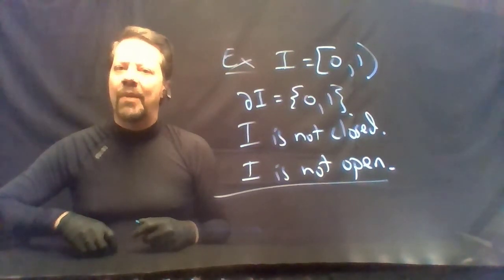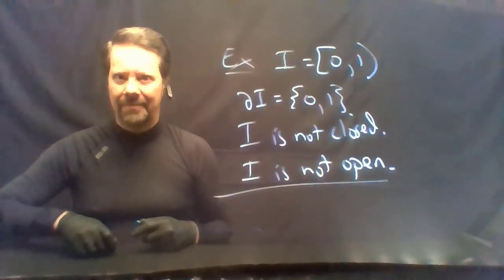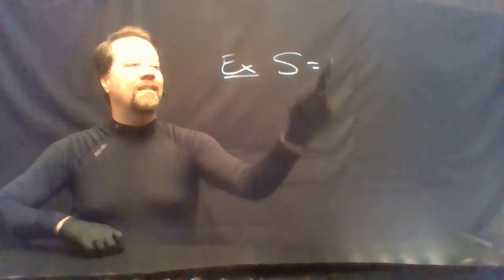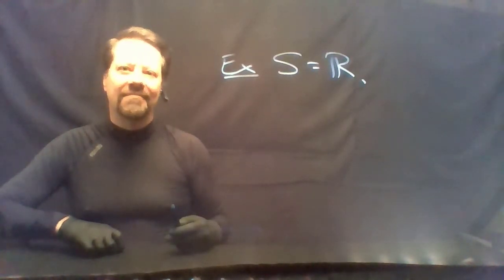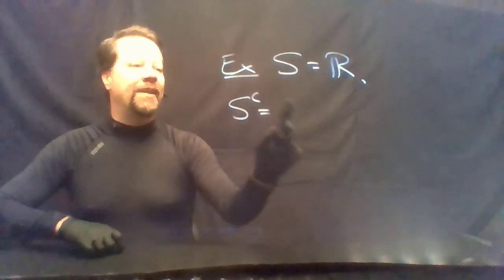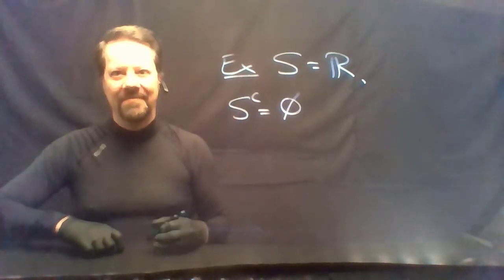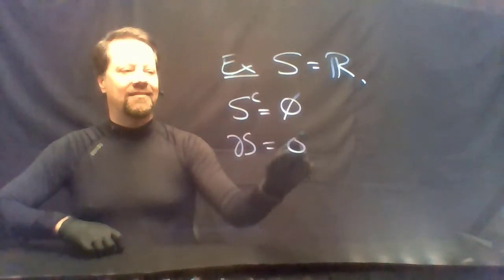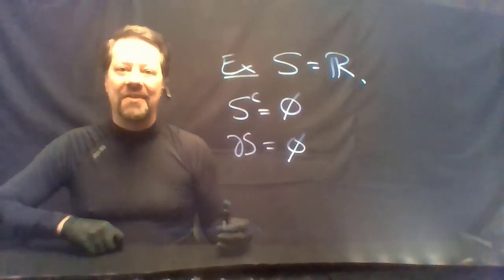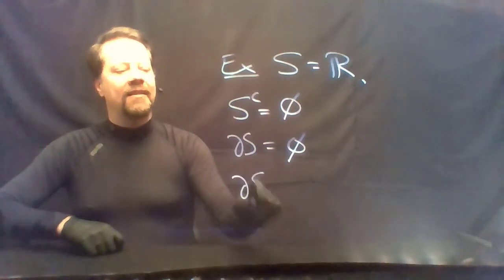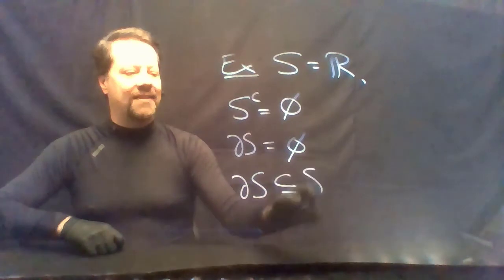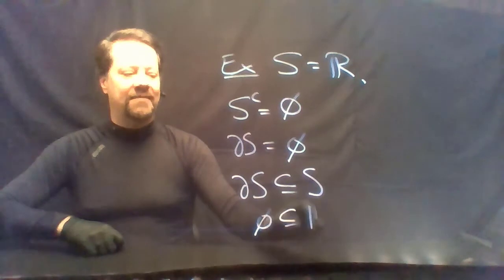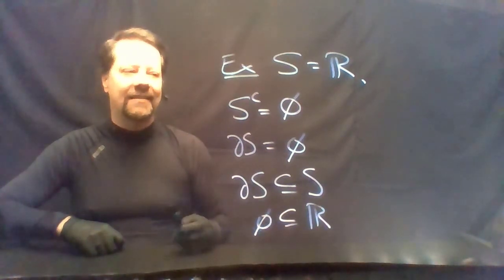Can you think of a set that is both open and closed? Suppose your set S is the entire real line. Its complement is empty. Its boundary is empty. It has no points on the boundary. So surely the boundary is contained in S because the empty set is a subset of every set, and hence a subset of the entire real line.